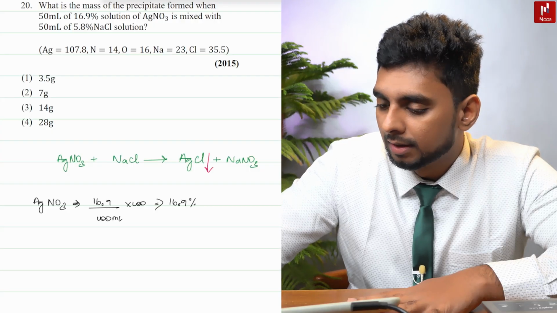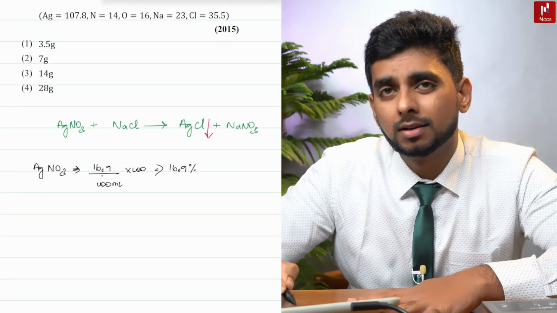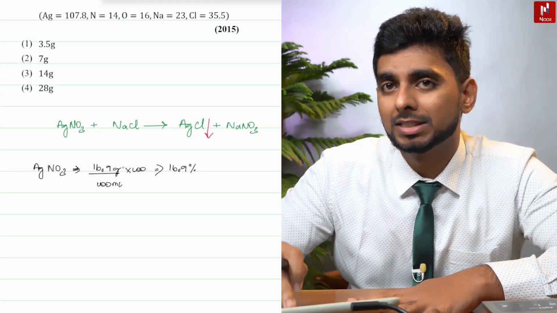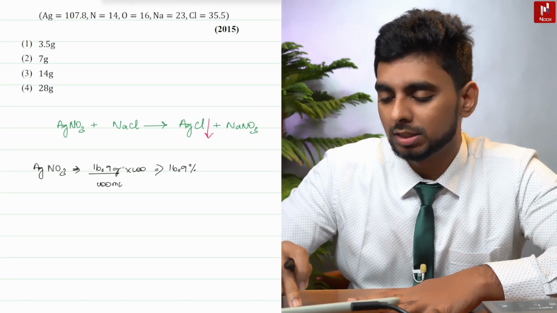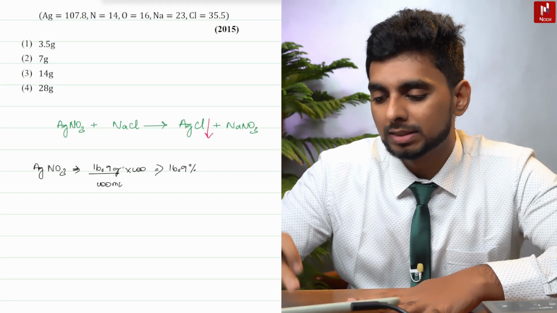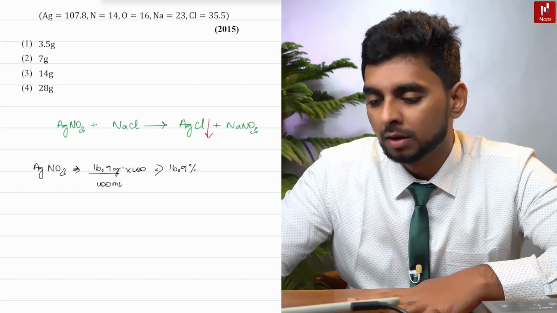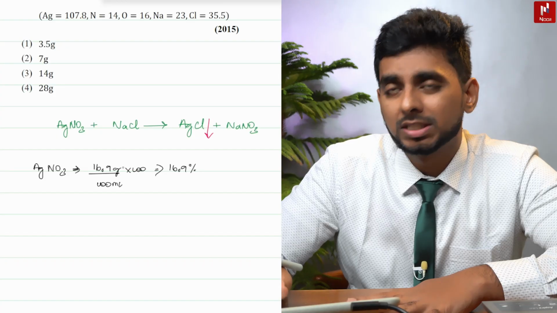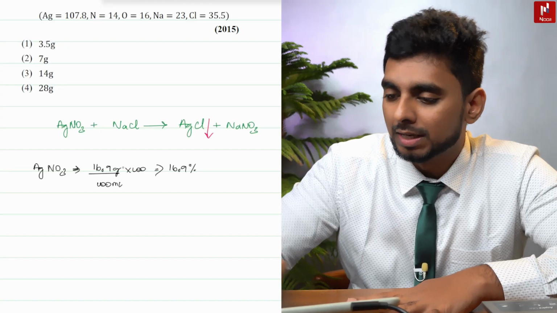But over here, I do not want to know for 100 ml. I just need only for 50 ml. Just do the ratio. 16.9 gram will give you for 100 ml, and I've just taken 50 ml over here. Therefore, 16.9 divided by 2 will give you the answer for 50 ml.